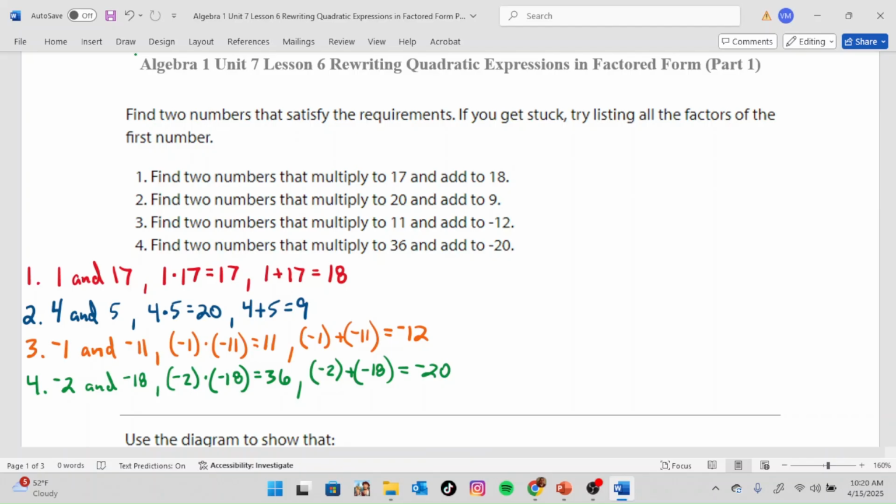So you're really going to have to start getting used to understanding your factors, understanding what numbers multiply together to create certain numbers, but then also thinking, how do those numbers combine together when I add or subtract them?